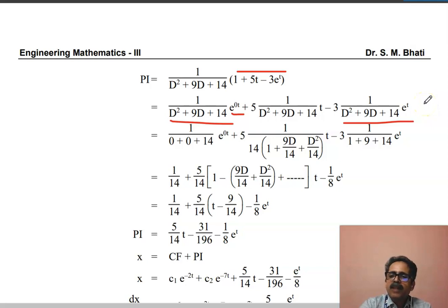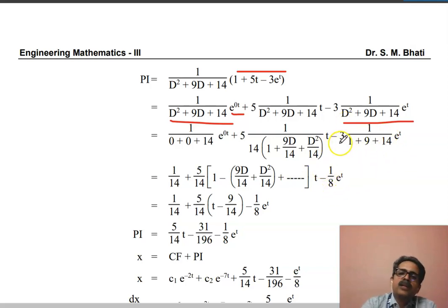So a becomes 1. So we have to put D is 1 here. So when you put D is 1, you can get the last term. When you simplify the first term, you will find 1 over 14. And when you simplify the last term, you will find minus 1 by 8 e raised to t.